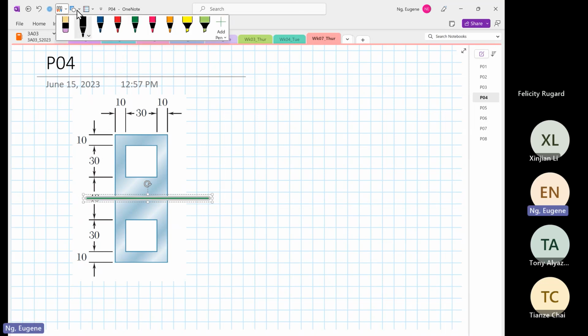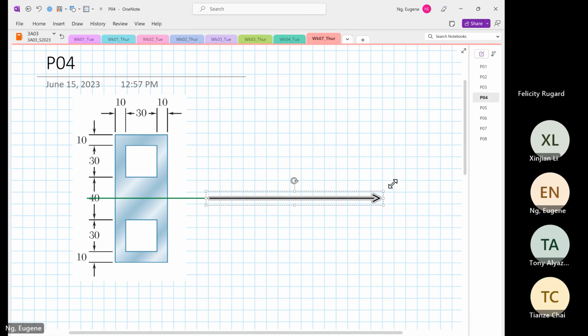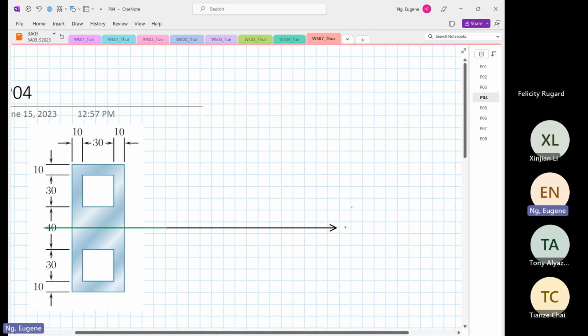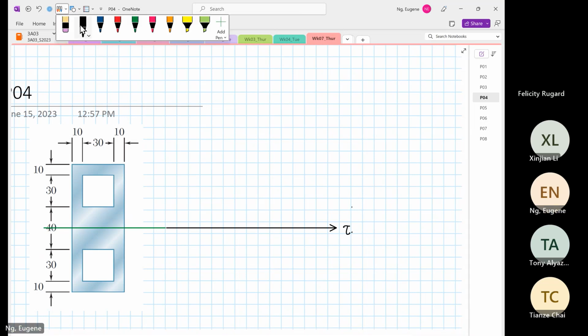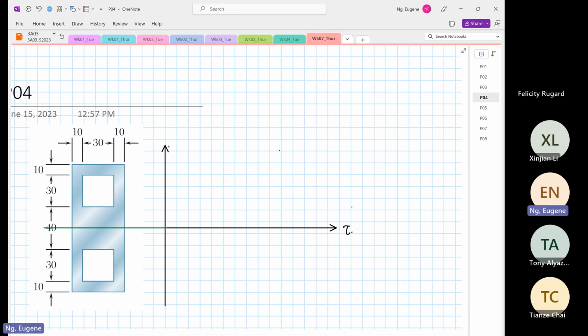Then this will be shear stress, and again, this is just a sketch. I don't have the equation, so I cannot specify numbers, only some points we are sure of. So this is y.